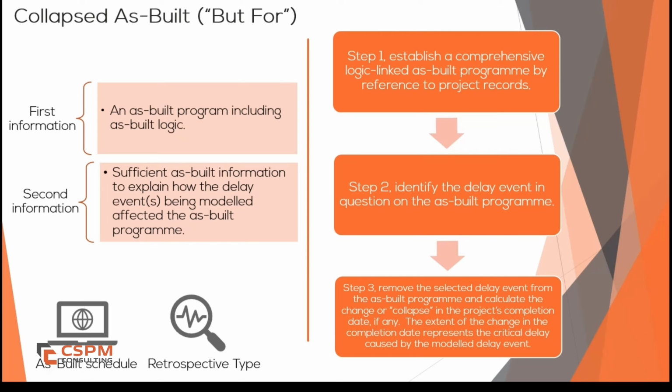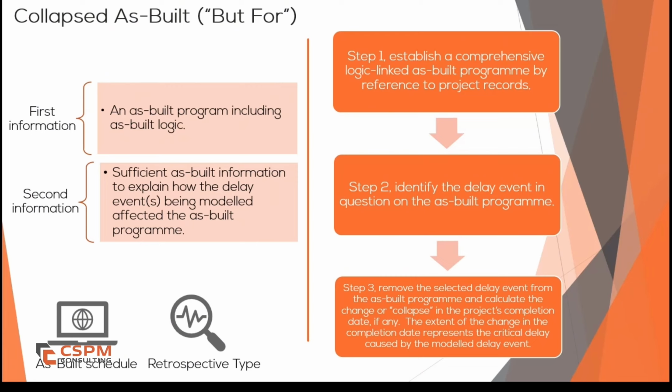Key differences from as planned versus as built. At first glance, collapsed as built may seem similar to as planned versus as built, but there is a crucial distinction. As planned versus as built compares planned versus actual progress to analyze deviations.